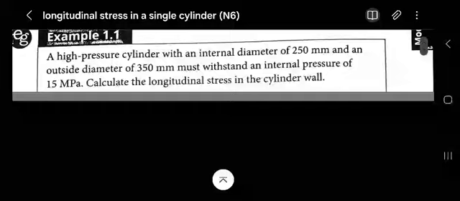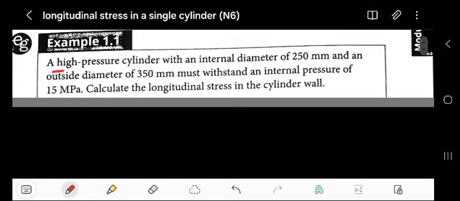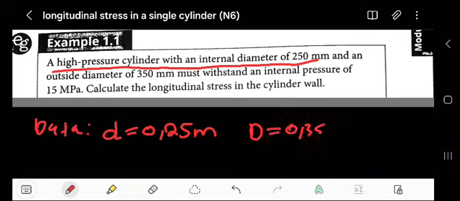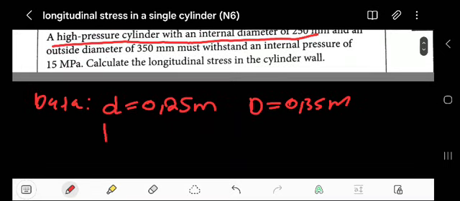Example 1 says a high pressure cylinder with an internal diameter of 250 millimeters, which is 0.25 meter when you divide by 1000, and an outside diameter of 0.35 meter, must withstand an internal pressure of 15 megapascal.